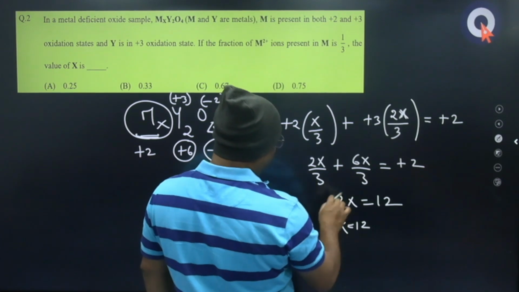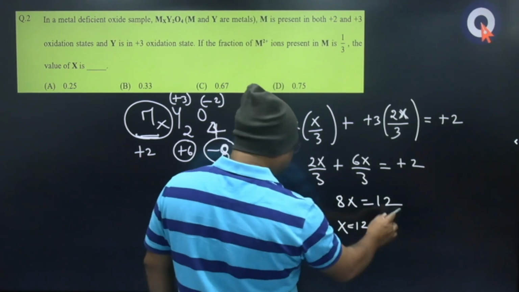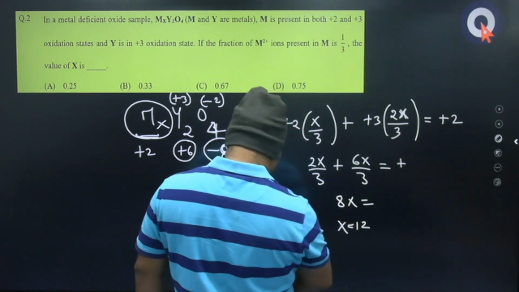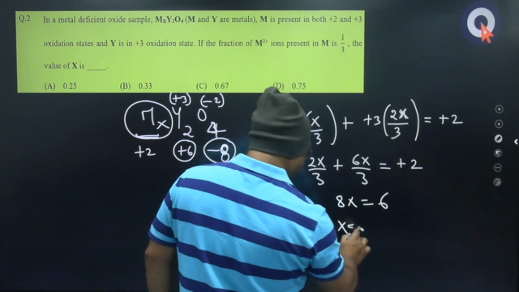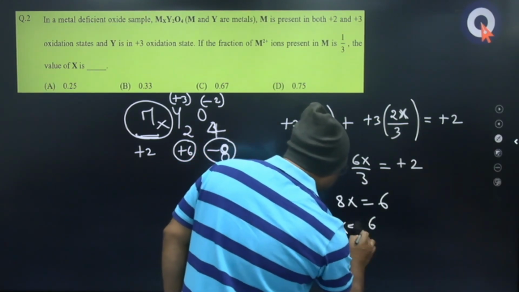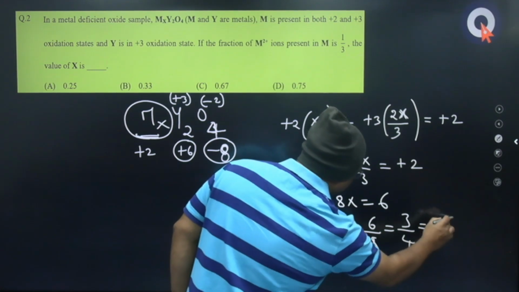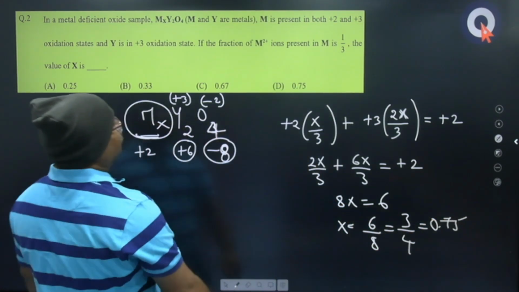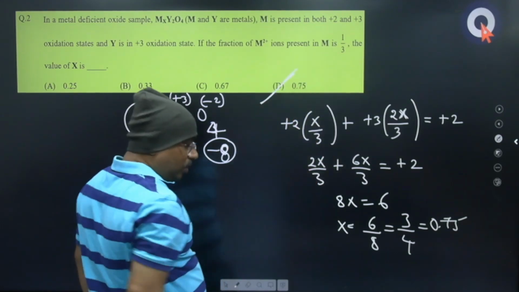You should not get a fraction. So 6 by 8 means 3 by 4, so 0.75. So these will be the points.